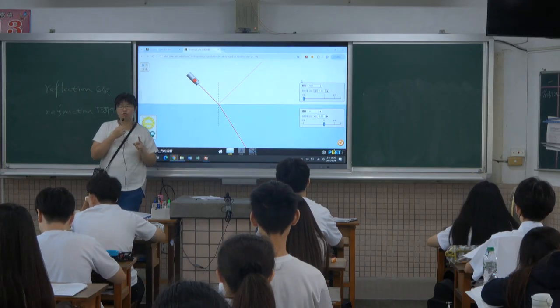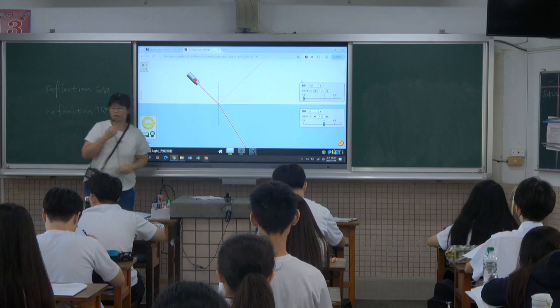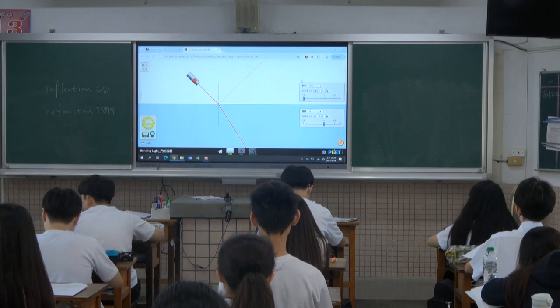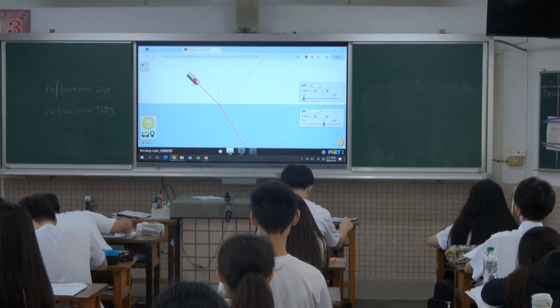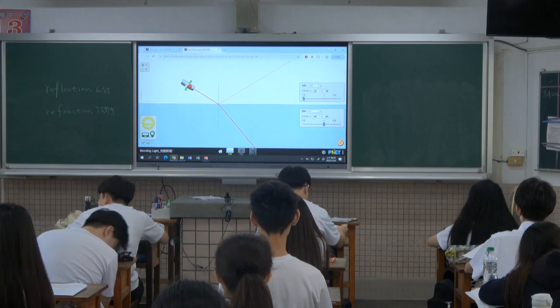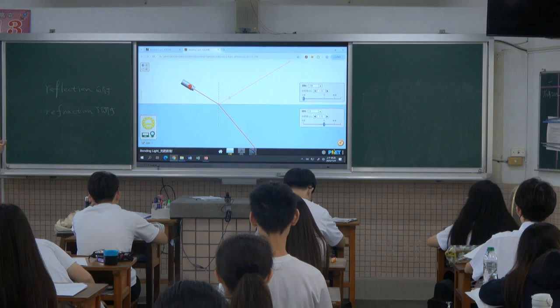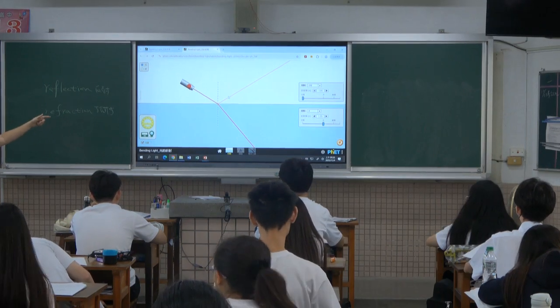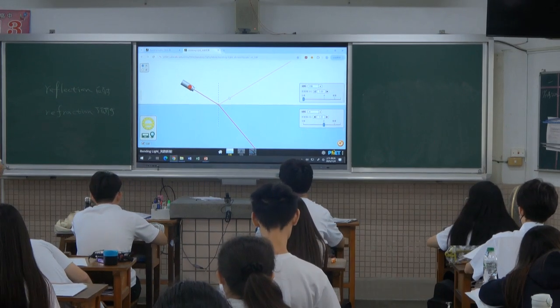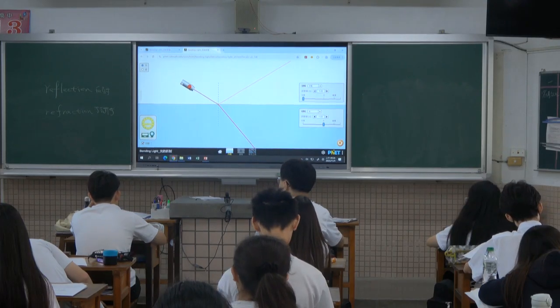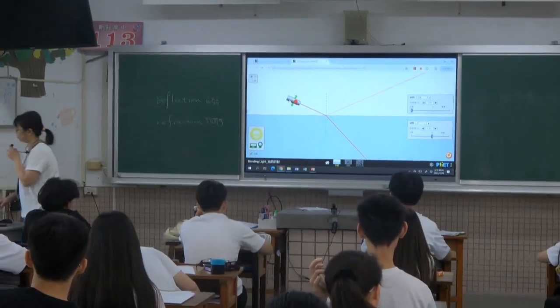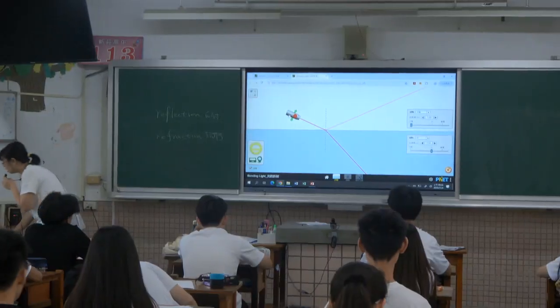If I change the angle, the angle is larger. You can see the angle of reflection is larger, and the angle of refraction is larger. Try again. Here. Okay?